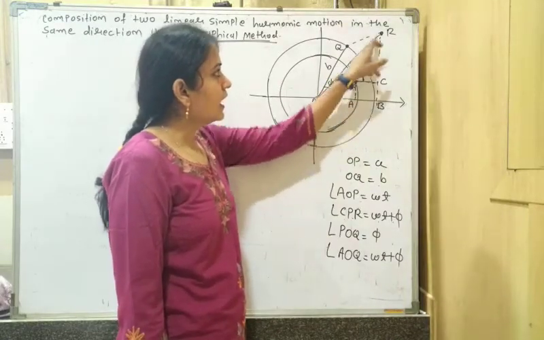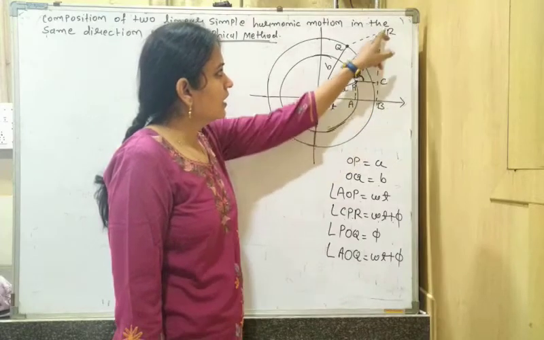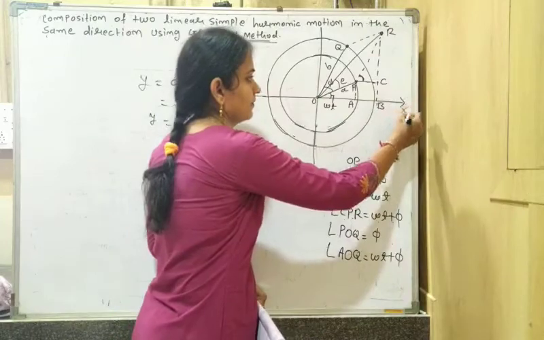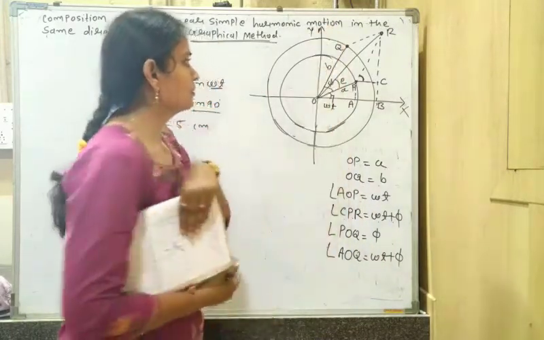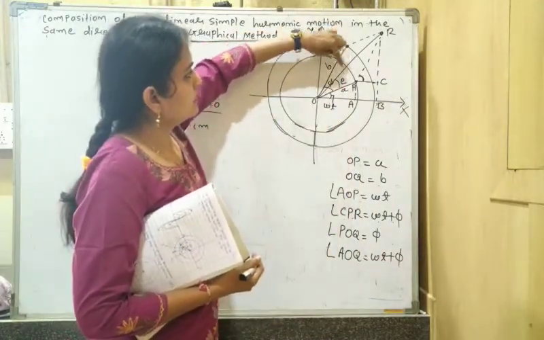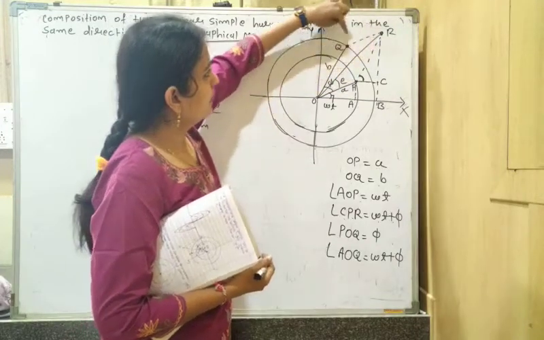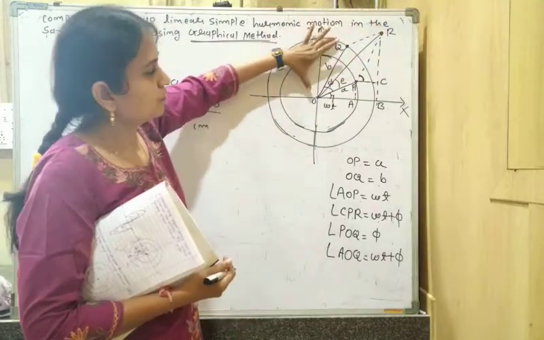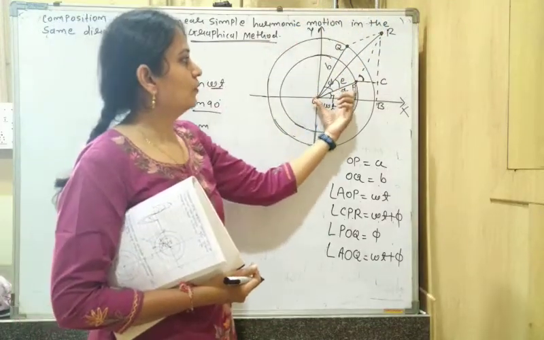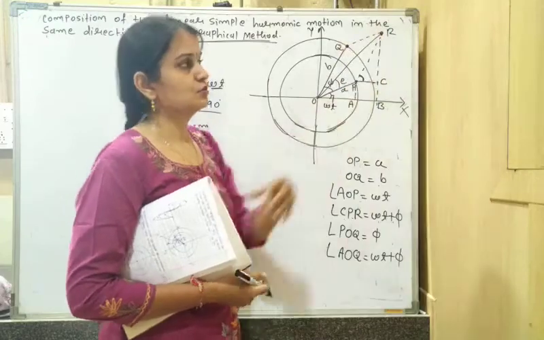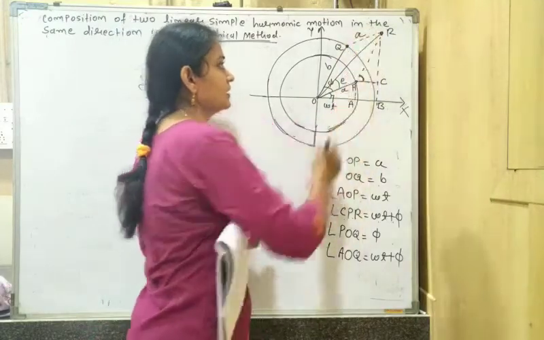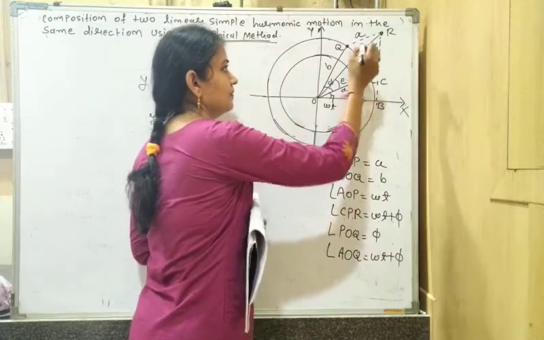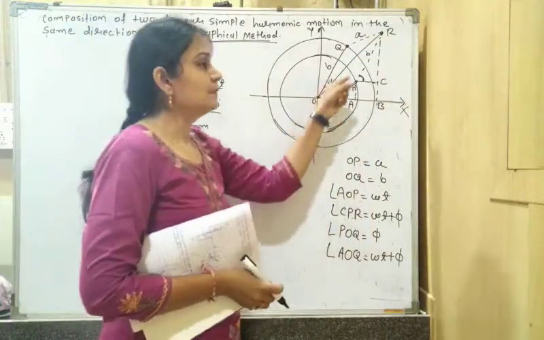And actually R has its projection on the x axis. Here you can see PR and QR. PR is equal to OQ and OP is equal to QR. So QR is also A and PR is also B. So this is a parallelogram.